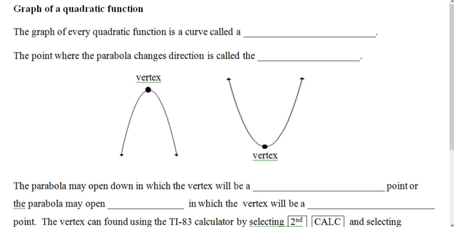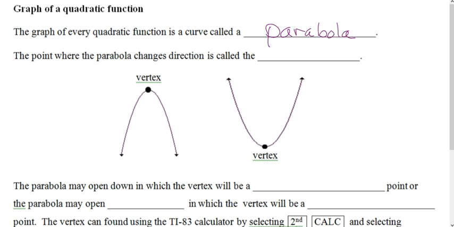Graph of a quadratic function. The graph of every quadratic function is a curve called a parabola. The point where the parabola changes direction is called the vertex.